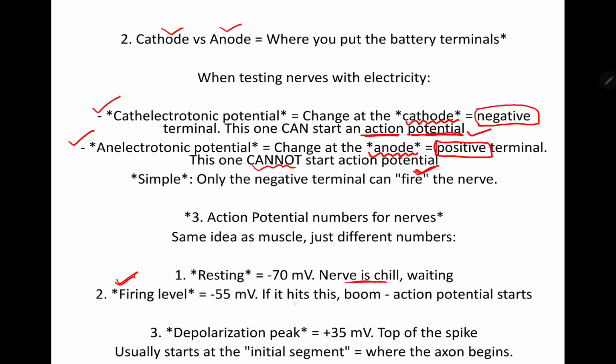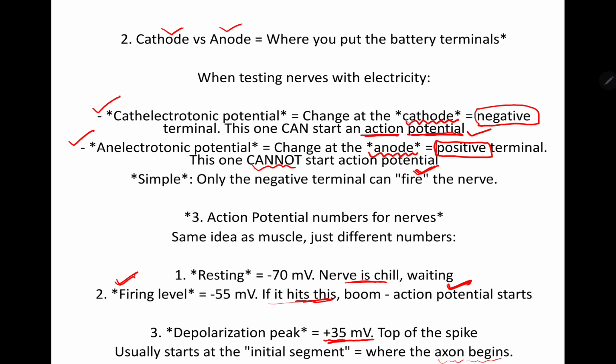If it hits this, the action potential starts from there. The depolarization peak is at minus 35 millivolts, the top of the spike. It usually starts at the initial segment where the axon begins.